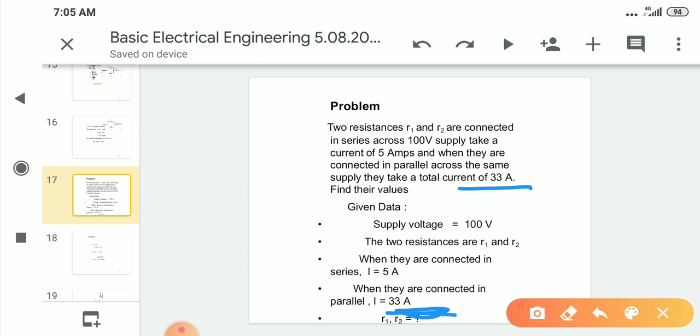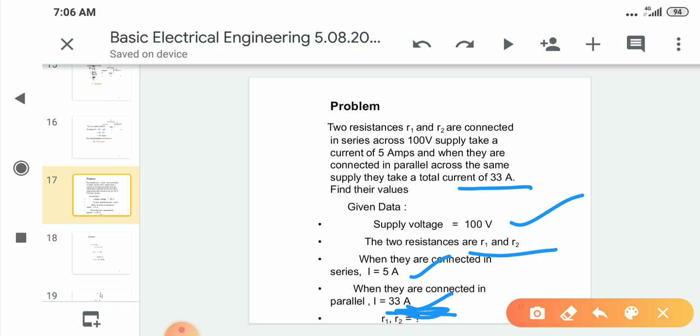Find their values. Here the given data is the supply of 100 volts. Two resistances are taken, R1 and R2. When connected in series, they are taking 5 amperes. When they are connected in parallel, they are taking 33 amperes. What is the value of R1 and R2? Interesting question.